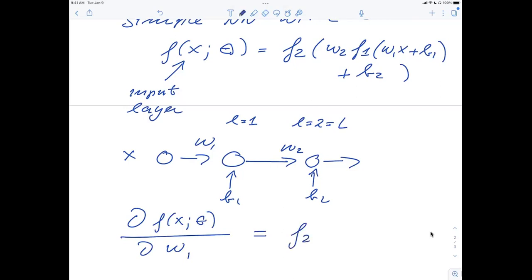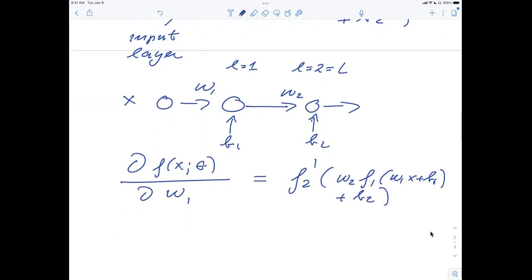So we would have f2 derivative, and we would have omega 2 multiplied with f1, and then we have omega 1 times x plus b1 plus b2, and this is multiplied with W2, and then I have the derivative of F1. This is just a simple application of the chain rule, plus B1, and multiplied with the variable x. So at the end here, I do actually have the variable x.